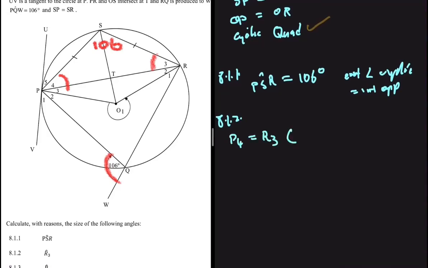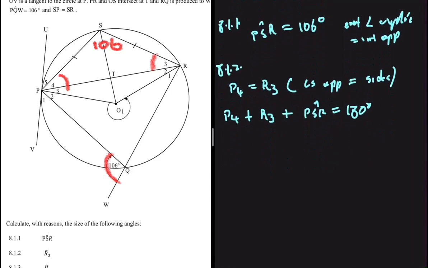Let's start here first, and then we can see that angles opposite equal sides, they should be equal to each other. So now we can say that P4 plus R3 plus PSR is equal to 180 degrees, the sum of angles in a triangle.